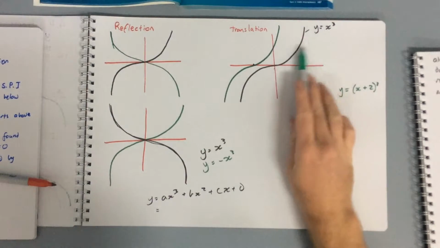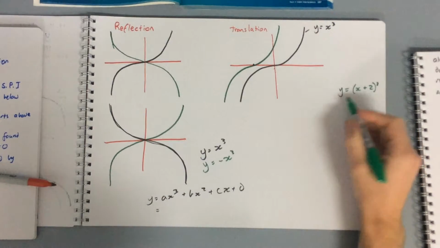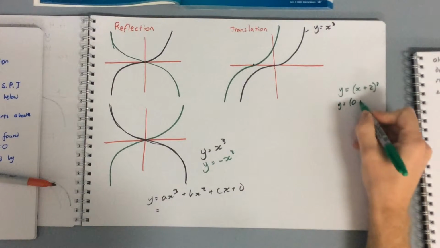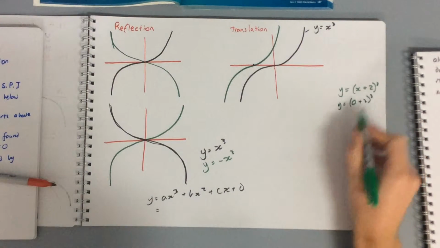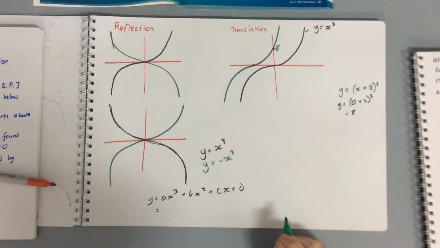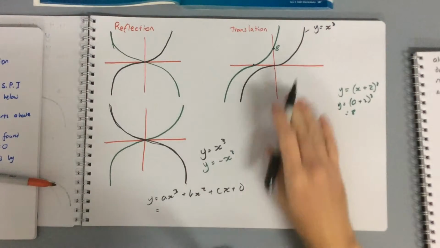The y-intercept for our x cubed graph is at 0. For this graph, what happens at 0? Well, 0 plus 2 cubed, 2 cubed is 8. So this value here is going to be 8. That's moving it left and right.